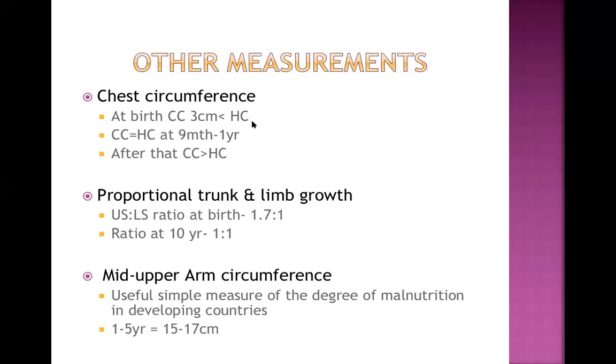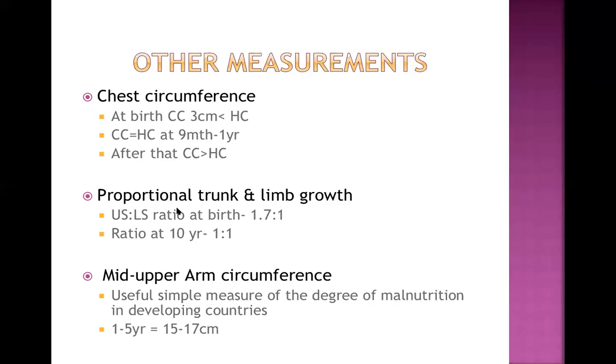Chest circumference equals head circumference at 9 months to 1 year of age, and after that the lung growth exceeds the brain growth. So chest circumference will be more than head circumference after 1 year of age.